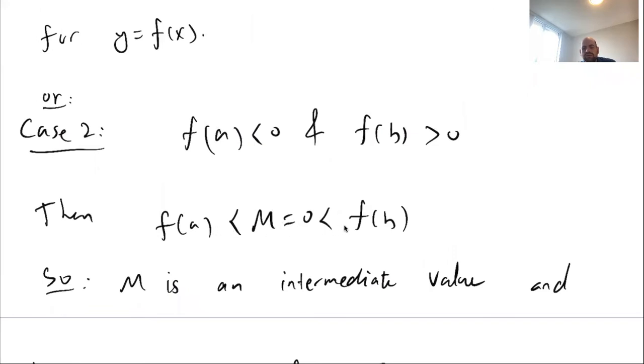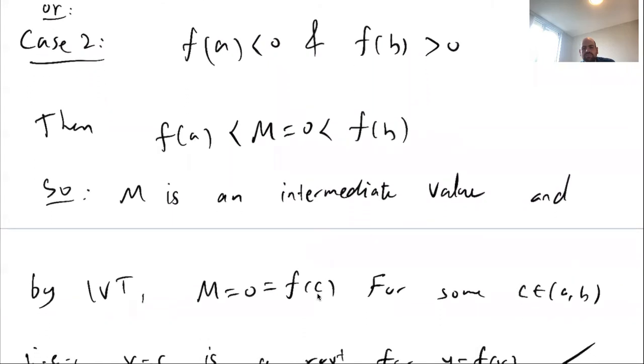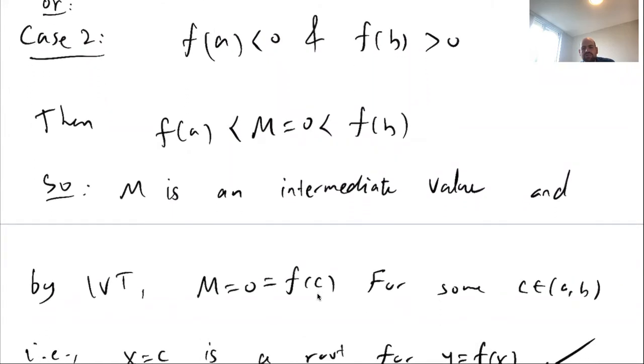So in either case one or case two, m equals 0 is an intermediate value. In one case, 0 was bigger than f of b and less than f of a. In the other case, 0 is bigger than f of a and less than f of b. So again, m is an intermediate value here. And again, by IVT, we can say that m equals 0 will be f of c for some c.